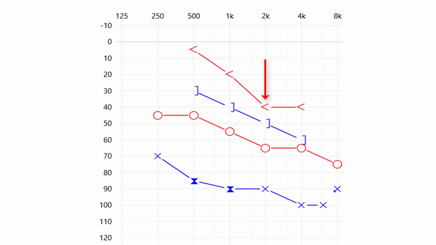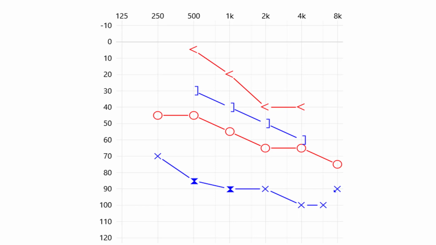The left staple marks, which show the left ear's bone conduction, show they're outside the normal range as well. They show a mild to moderate hearing loss. Neither of the bone conductions are in the normal range. So there is a sensorineural component to the hearing loss in both ears.